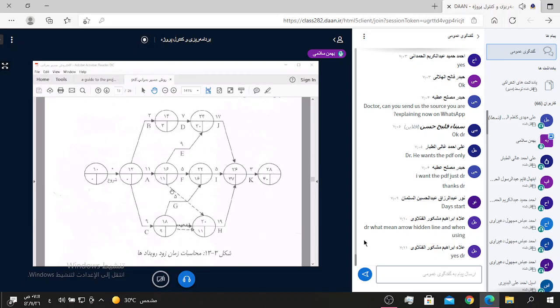This is the dummy activity. As you see, we have in this network two dummy activities between node 18 and 20 and 16 and 20.